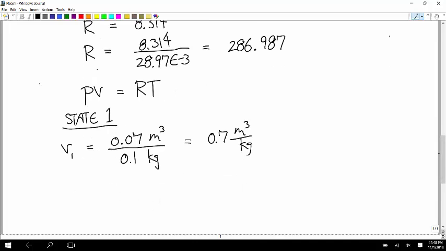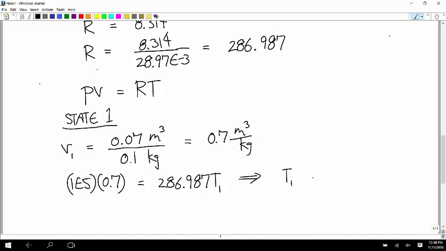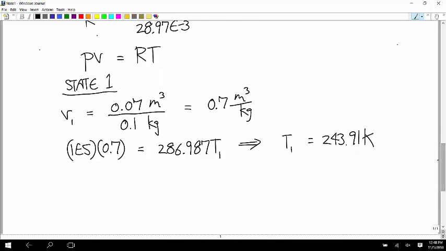For both of them, the pressure is the same. So we have 1 times 10 to the 5 times 0.7 is equal to 286.987 times T1. And that gives you a T1 of 243.91 Kelvin. And then it's the same thing at state 2.